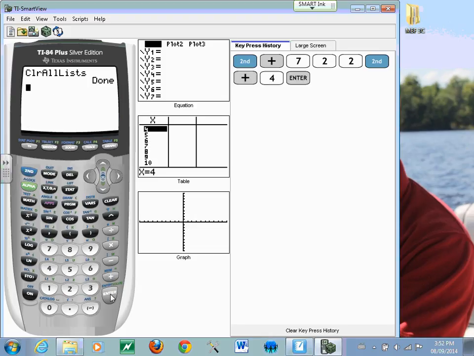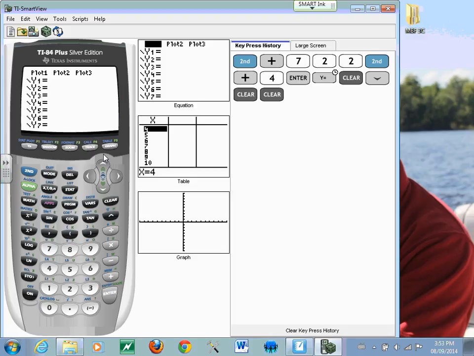Then we're going to go to y equals, which is your blue button right up here. Okay, double check that you don't have any equations. If you did, you'd press clear, down arrow, clear, down arrow. Okay, but you're fine where it is. Okay, and then what we are going to do is something called mode float 2.